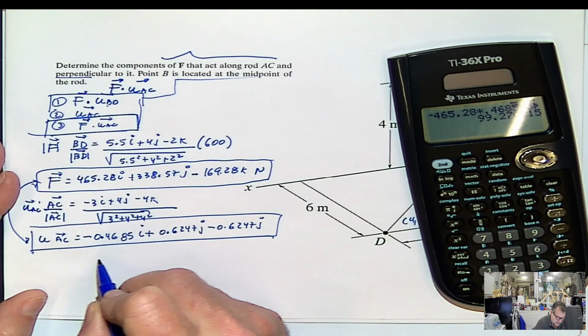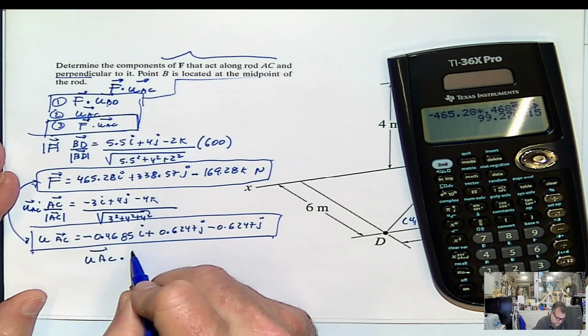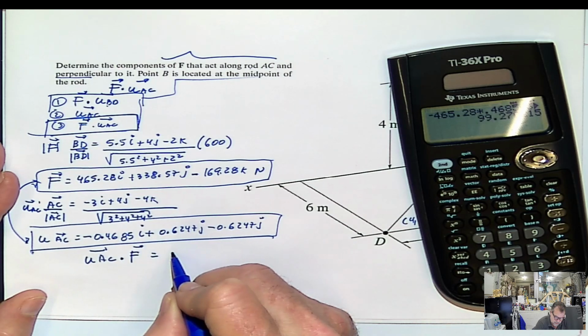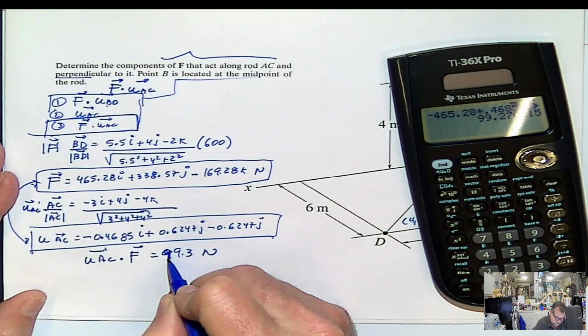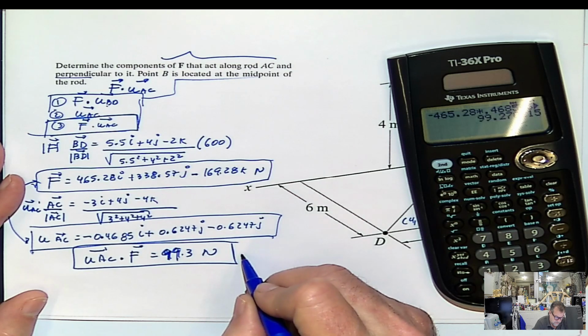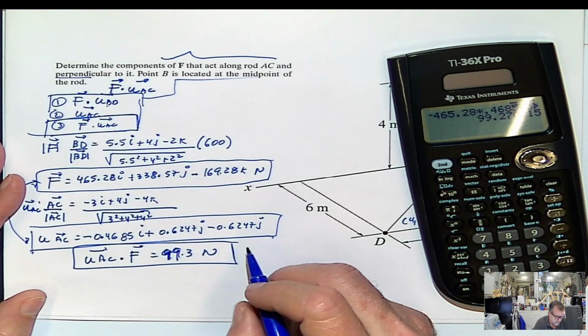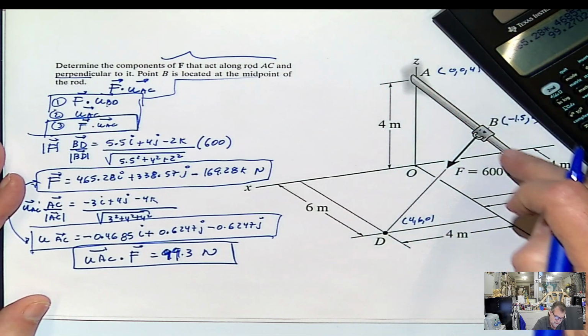So 99.3 Newtons. Remember, it has to be a scalar. So this is the force acting along AC.